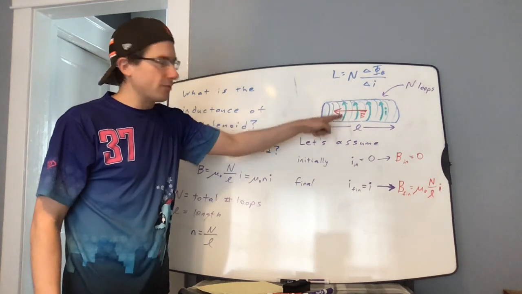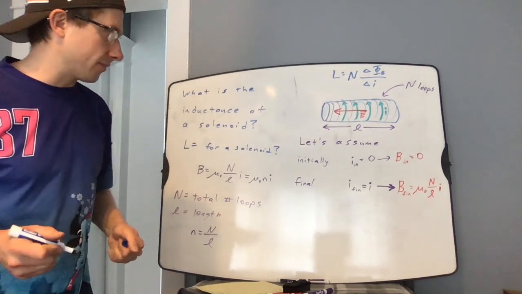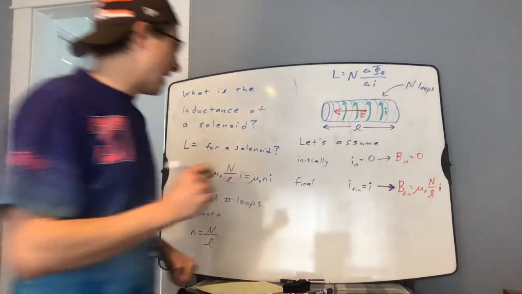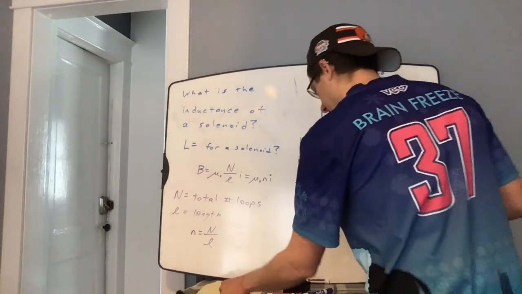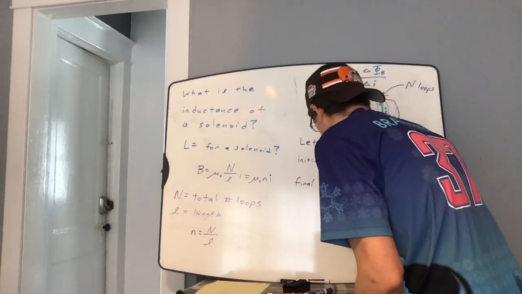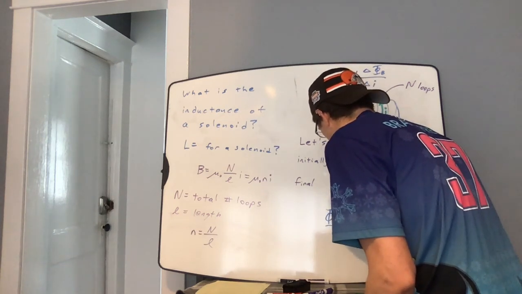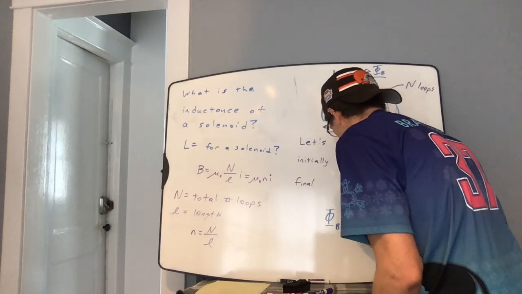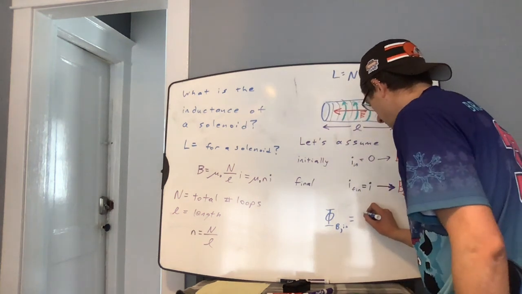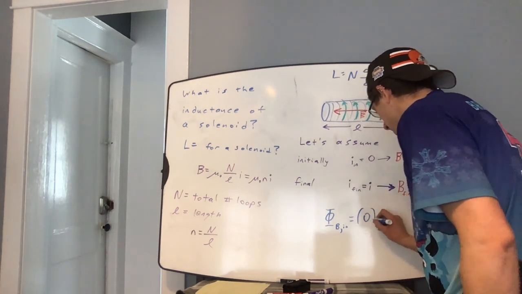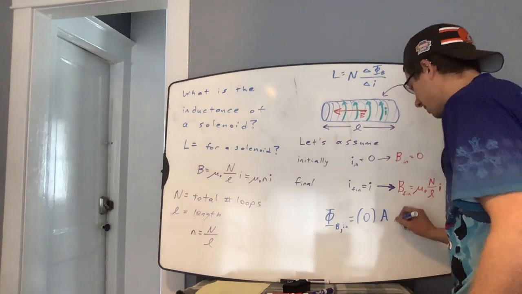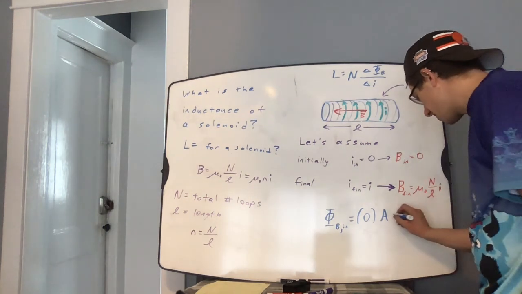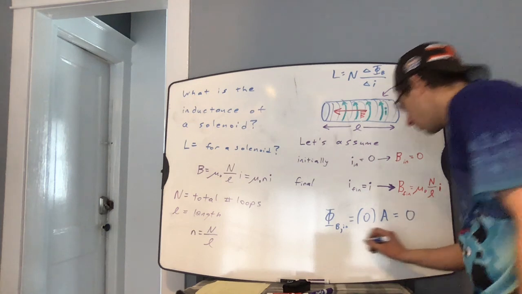The strength of the magnetic field is what's going to be changing. So I could say that phi B initial is equal to B, which is 0, times the cross-sectional area of the solenoid, which is A, which is just going to be 0.